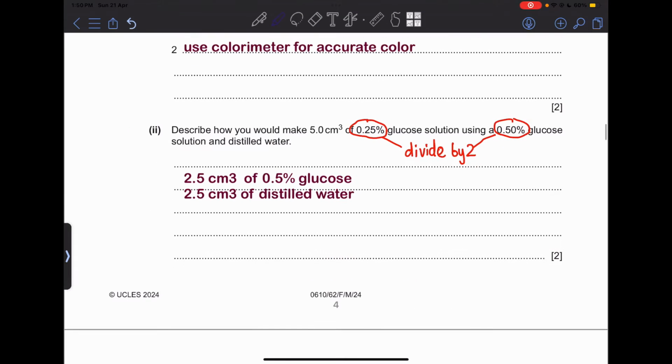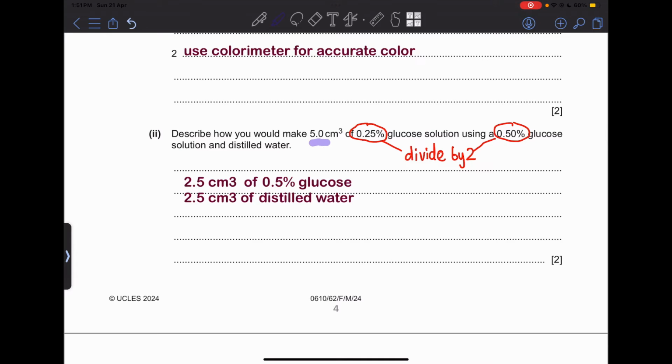Double I says describe how you would make 5 centimeter cubed of 2.5% glucose solution using a 0.5 glucose solution and distilled water. So first of all, you're going to be dividing this 5 centimeter cubed in 2 test tubes or 2 solutions.